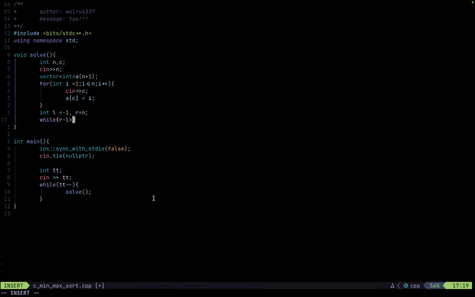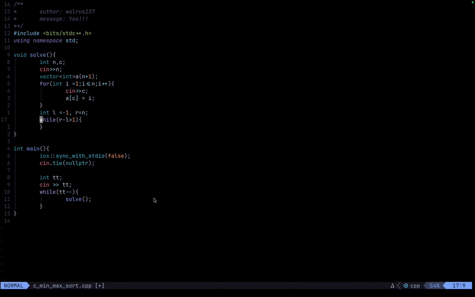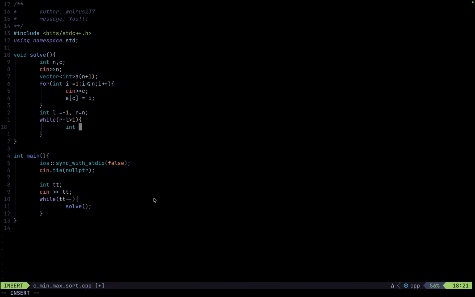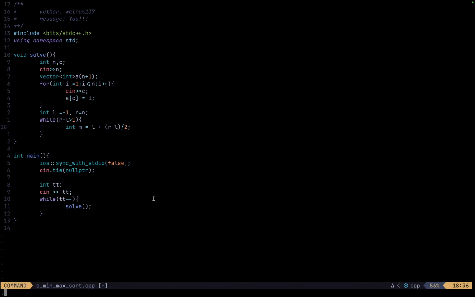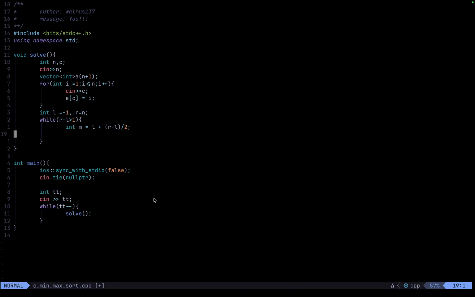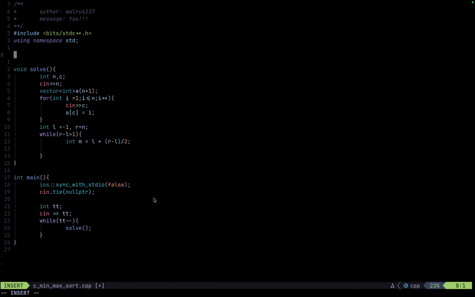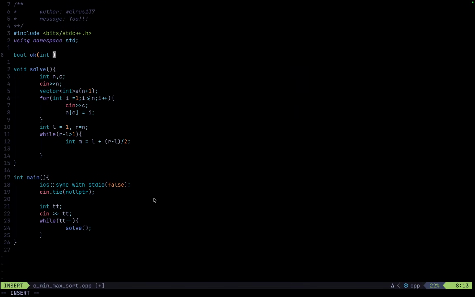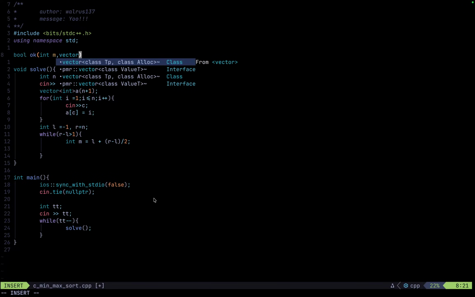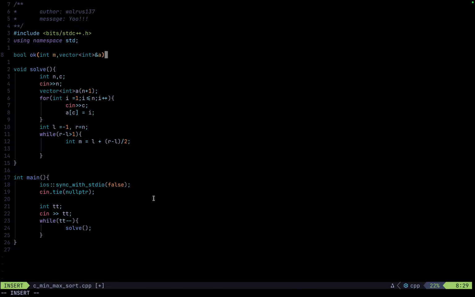While R minus L is greater than 1, int M equals L plus (R minus L) divided by 2. We have to check if this M is okay or not. We'll have a function bool which takes in int M and vector int reference A.